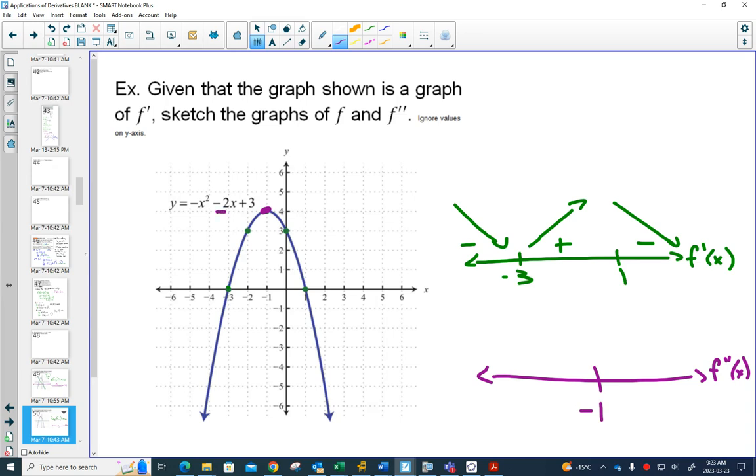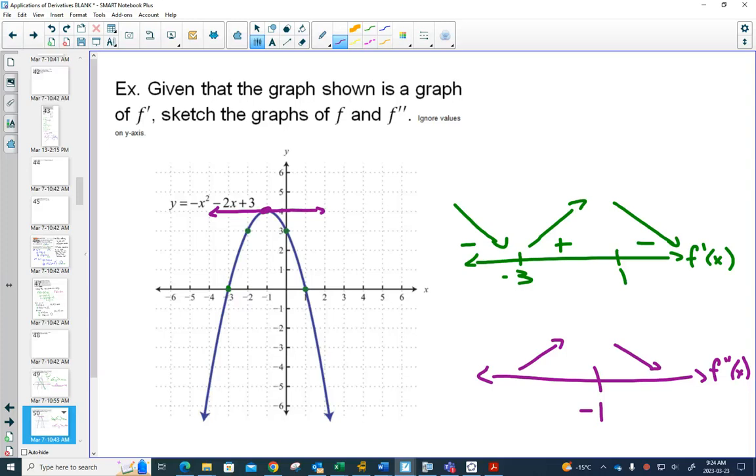Because the tangent of this would be 0, which means if I move from my first derivative down to my second derivative, it would be 0 on my second derivative. Right? And looking at my derivative graph, I notice that my derivative graph goes up and then down. Goes up to -1, then down.